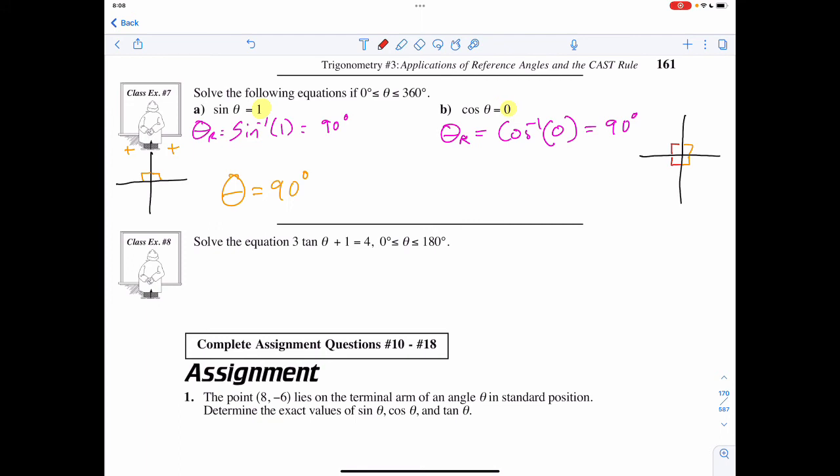And this actually pulls from all 4 quadrants. But if I have a reference angle of 90 degrees, 0 plus 90, or 180 minus 90, is 90 degrees.